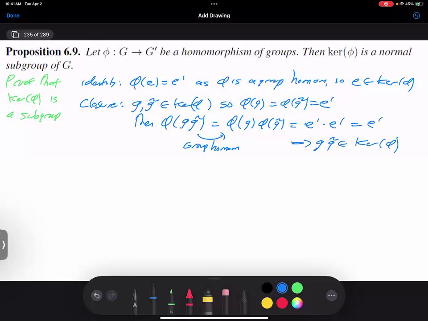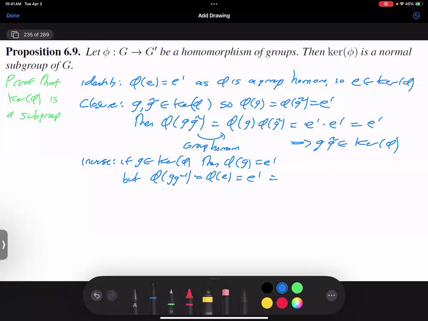What else do we need? Inverse. So if g is in the kernel of phi, then phi of g is the identity. But phi of g inverse is phi of e, which is the identity, and that's phi of g inverse.